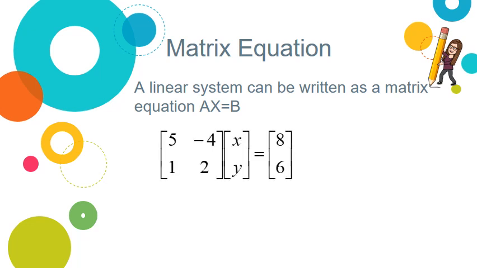So for example, if I take a look here, I have my coefficients in a matrix. I have my variables in the second matrix. And I have my solutions, or what those equations are equal to, in a matrix. So I'm really just organizing that information.